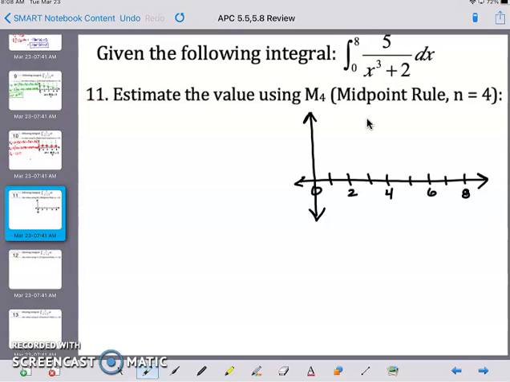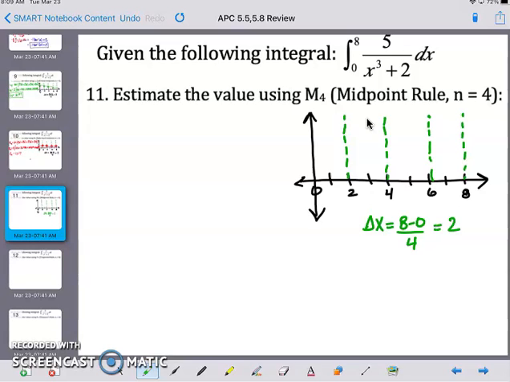There's our x-axis. And again, we have our rectangles here from 0 to 2, from 2 to 4, from 4 to 6, and from 6 to 8. Our delta x is still 8 minus 0 divided by 4, so our delta x is still 2.